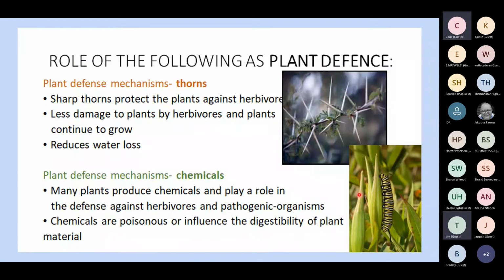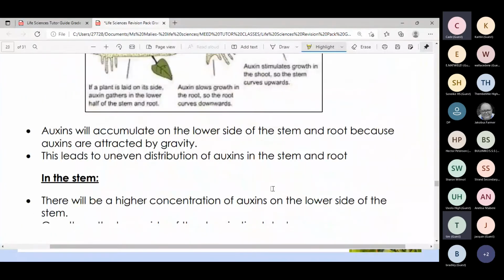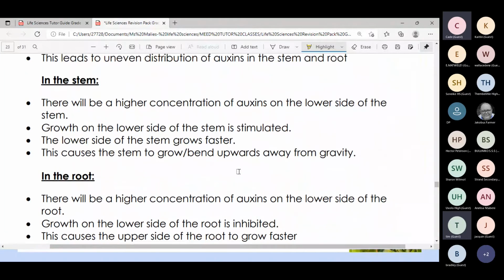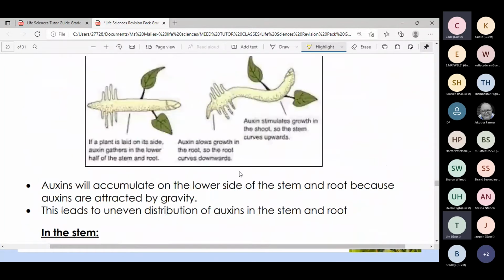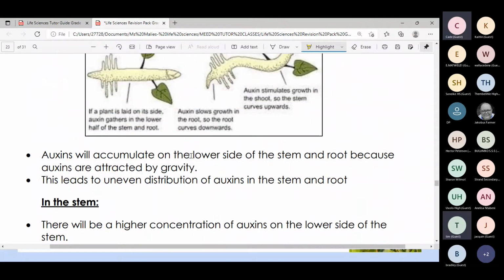Then, lastly, also take note when we talk about geotropism, before we go to defense mechanisms. I just want to go back to the booklet. When we have this case, grade 12, where it's about geotropism, auxins are attracted to gravity.